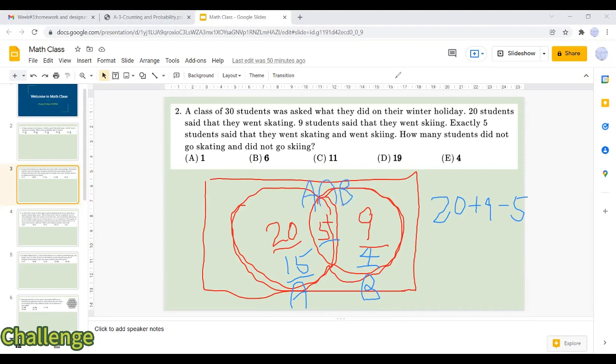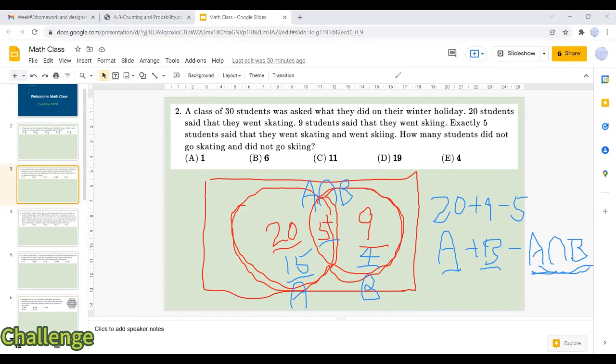We use the symbol of an upper U to represent and we use a normal U to represent or. Anyways, okay, so we basically have the set of A plus the set of B minus the set of both A and B. Because in A and B, we both counted the set of A and B once, which means that we counted this number twice.